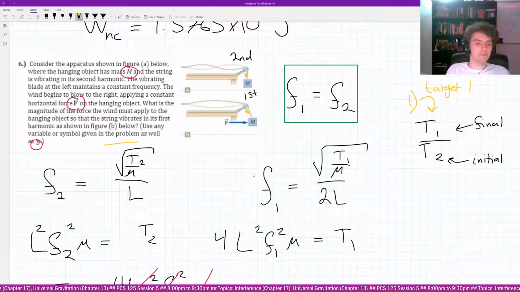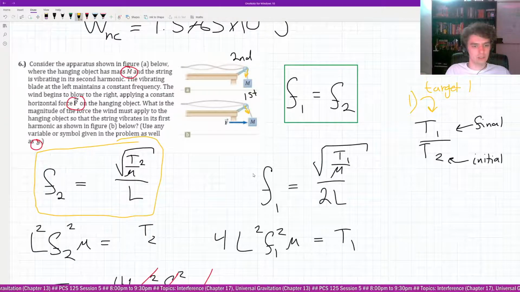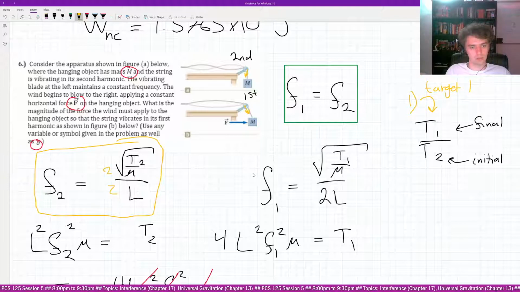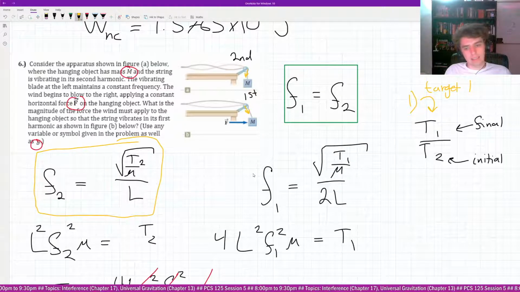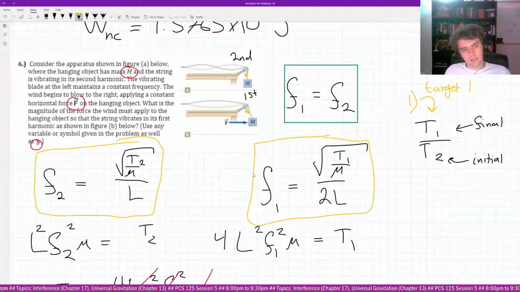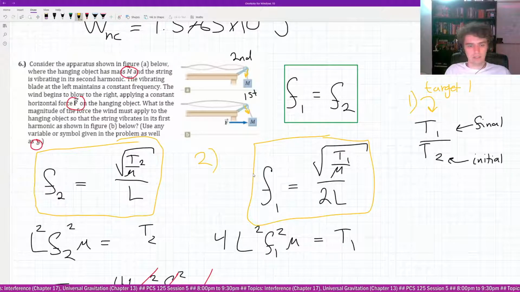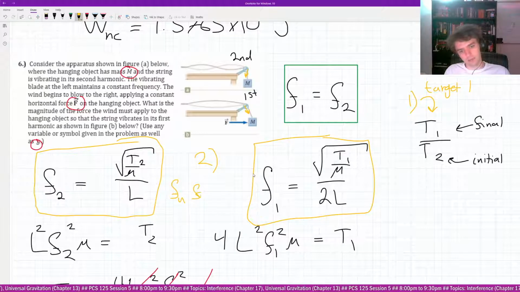So how will I find that? Well, I know that in the first situation, this is true. The nth harmonic is nv over 2L, so just simplify a little bit. There are two 2's here that cancel, and this is v. Similarly, in the first harmonic, this is my second step, I have this, using the Fn formula.